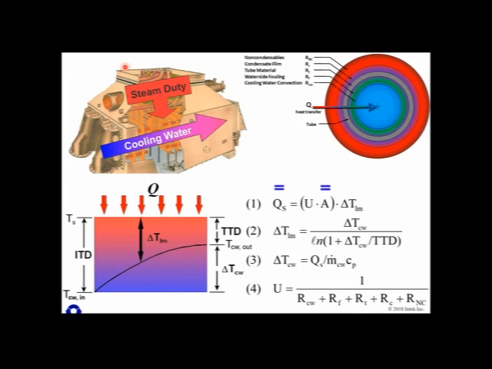If the duty remains equal in the condenser, so the steam duty stays the same, and the condensing surface area stays the same, because obviously we're not going to add tubes, then if the U decreases due to fouling, due to air binding, due to anything, the delta TLM must increase. The delta T must increase to condense that same amount of duty.